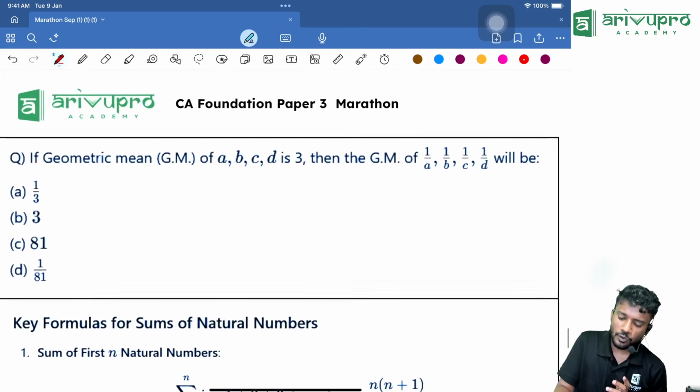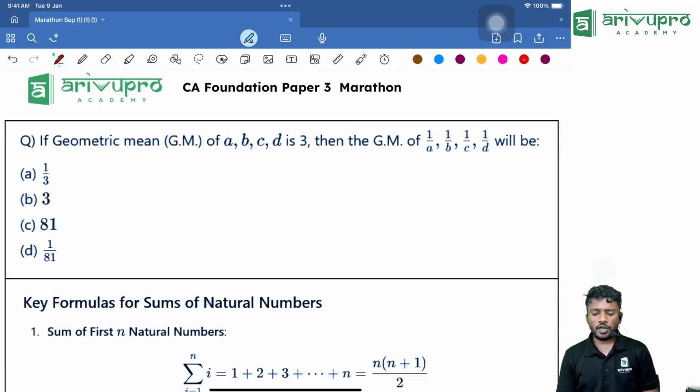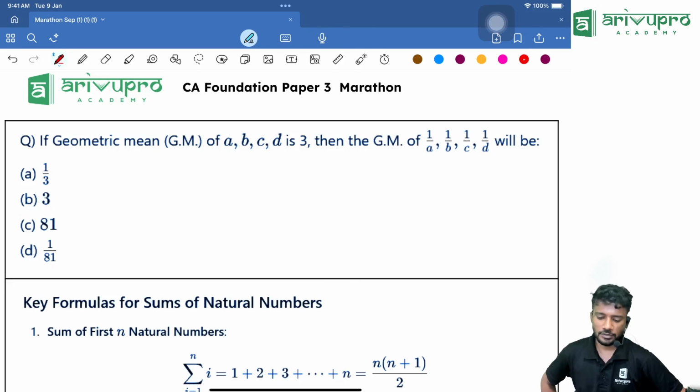Now look at this question. If the geometric mean of A, B, C, D is 3, then the GM of 1 by A, 1 by B, 1 by C, 1 by D will be how much? Easy answer.